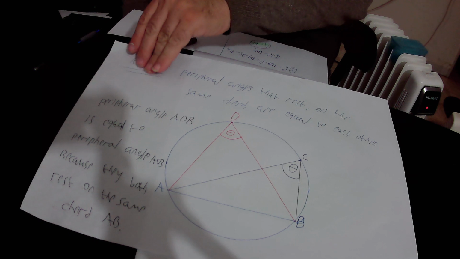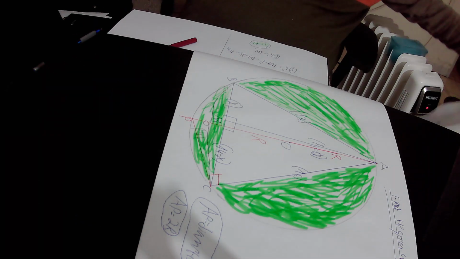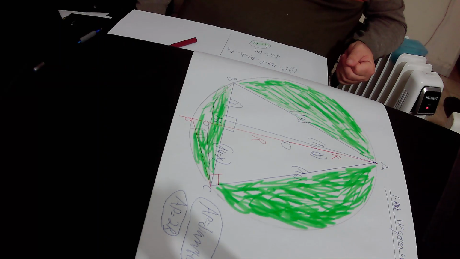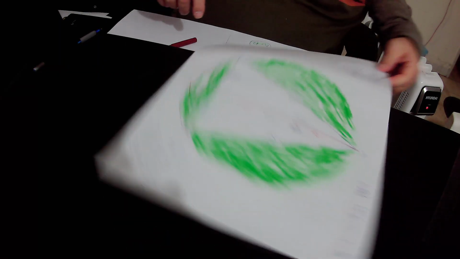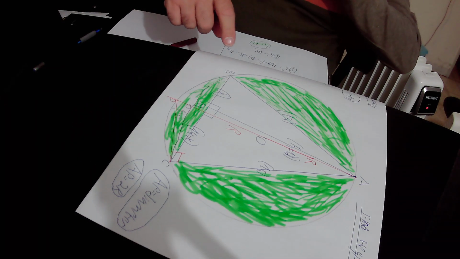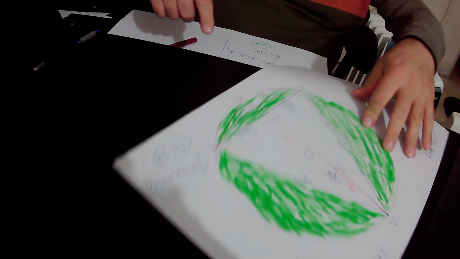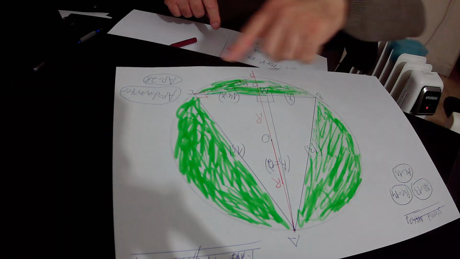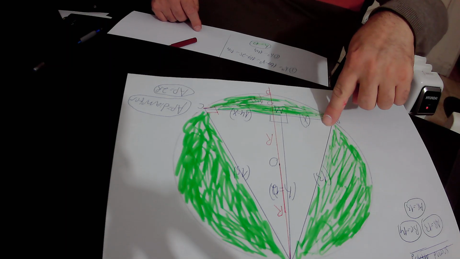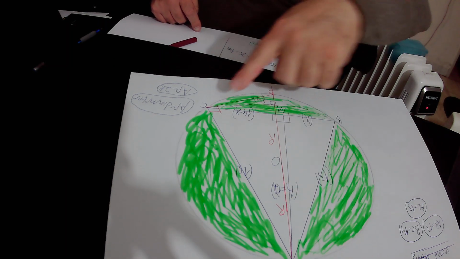We can actually implement rule number 8 in our drawing. Why? Because in our drawing we have peripheral angle ABC that rests on chord AC.